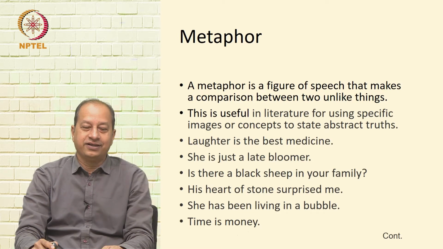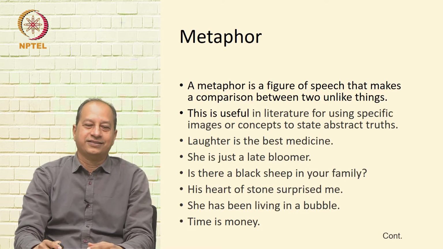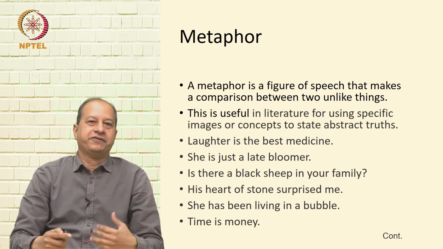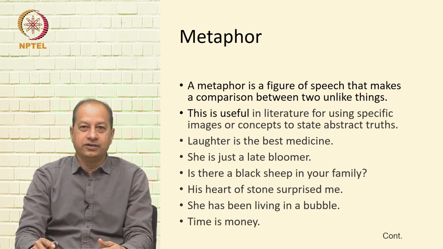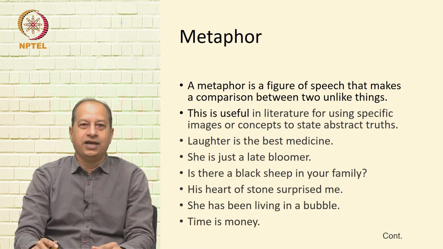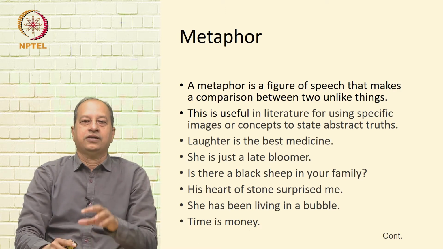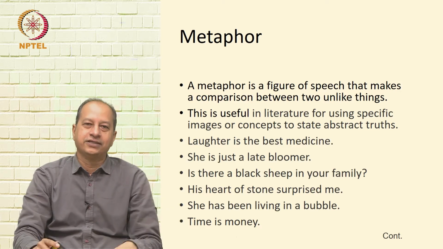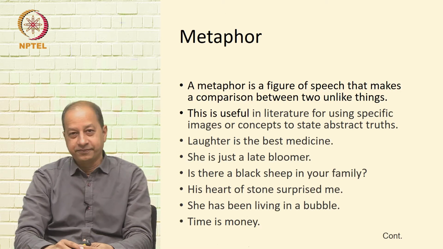So metaphor is in fact a figure of speech that makes a comparison between two unlike things. If I say my friend is a tiger, I'm offering a comparison between two absolutely unlike or dissimilar things, in which there is a human on one side and there is a non-human or an animal on the other side.